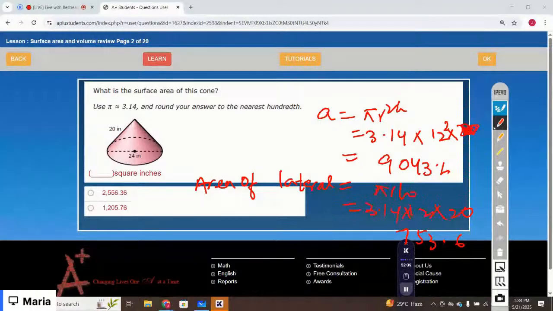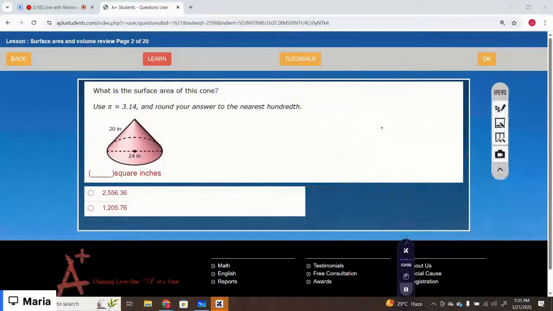That is 3.14 times 144, that is 452.16. So 452.16 plus 753.6 is 1205.76. Option number 2 is the correct option.